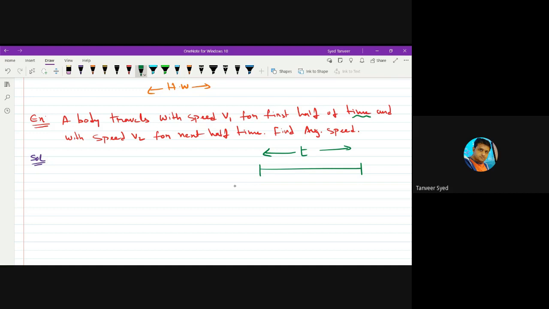No, different speeds. For first half of time, it is v1. That means we should divide this total time into two equal halves. This is t by 2. This is t by 2. Then first half of time is covered with a speed v1. Second half with speed v2. We want average speed.